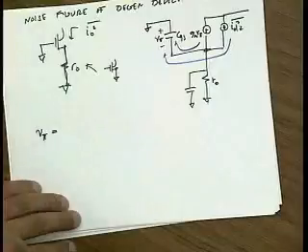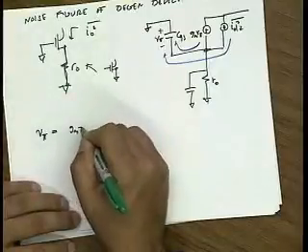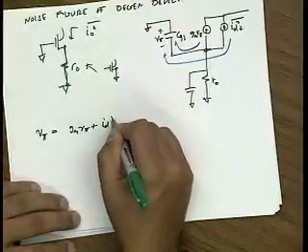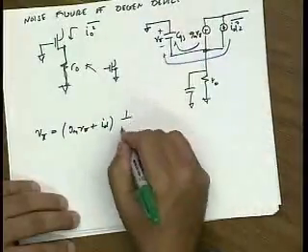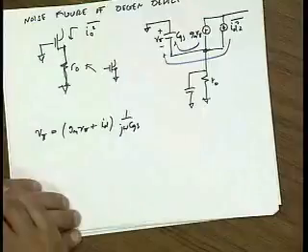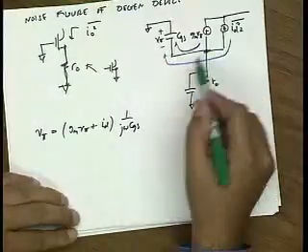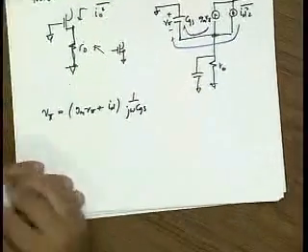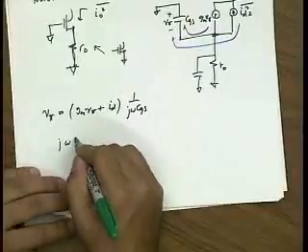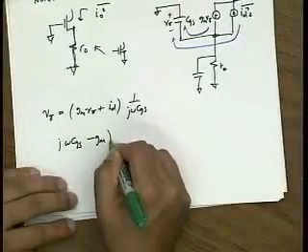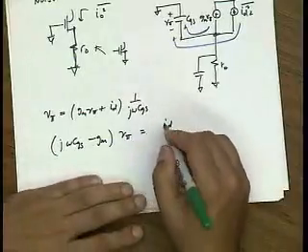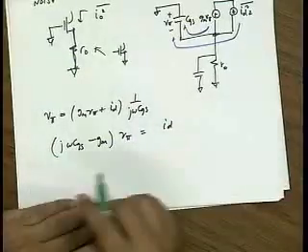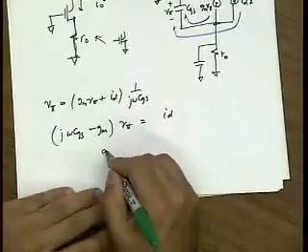In that case, V pi is GM V pi plus the drain current noise, these two noises, times 1 over j omega CGS. Okay? There is no current divider. All the current goes there. So a few lines of algebra, j omega CGS minus GM V pi is equal to I drain. And I can now solve for V pi.